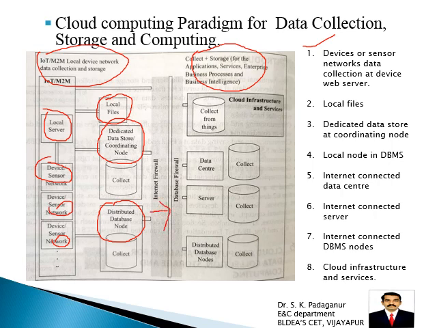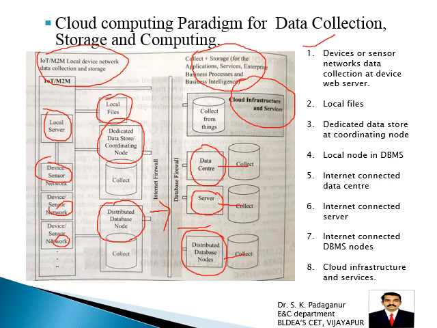This is very important. At the IoT side, we have to look at the internet firewall also. But at the server side, we have to look at the database firewall. Now here, at the cloud infrastructure and services, we have the interconnected data center, which will store the data here, and we have the interconnected server which will store the data here, and we have the interconnected DBMS nodes which will store the data here.